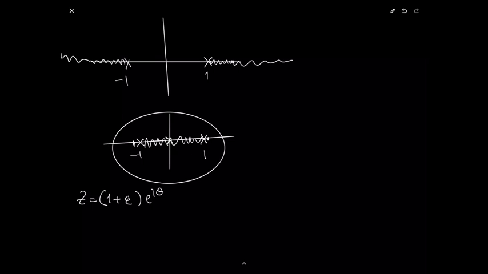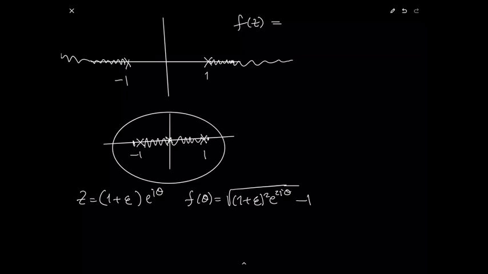And we're going to play the same game. We take f of theta equals the square root of 1 plus epsilon squared e to the 2i theta minus 1. I've just plugged it in. Let me just remind you what the function was. The function was square root of z squared minus 1. So all I've done is just plug in that.